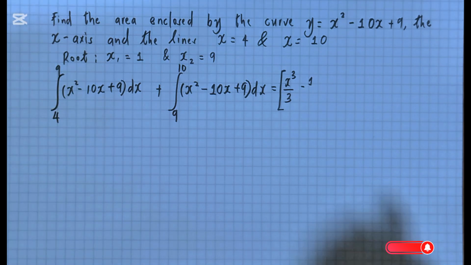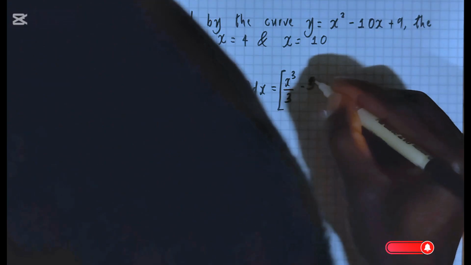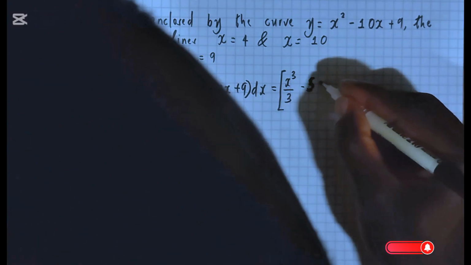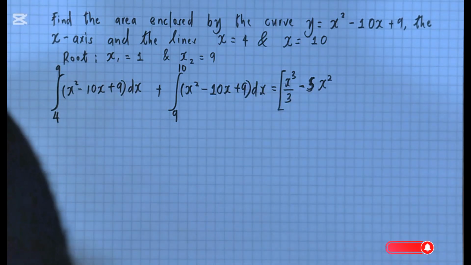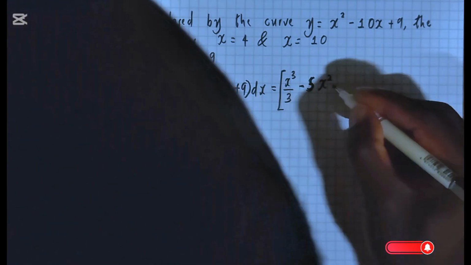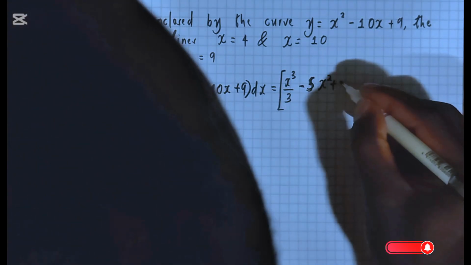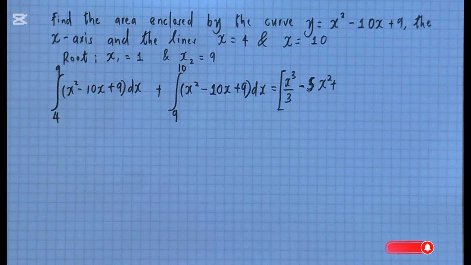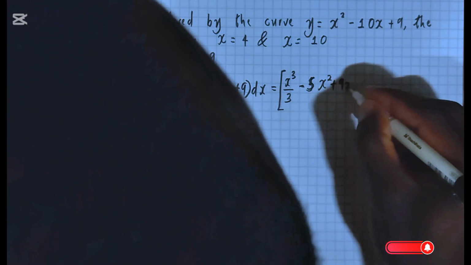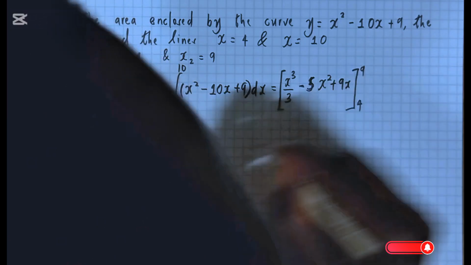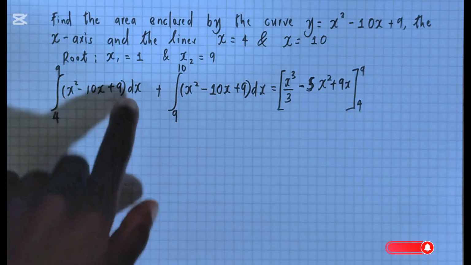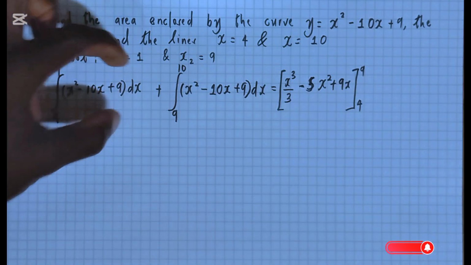Negative 10 divided by 2 gives negative 5x squared. Plus 9, with x raised to 0, becomes 9x. The limits are 4 to 9. That is the first integral part.